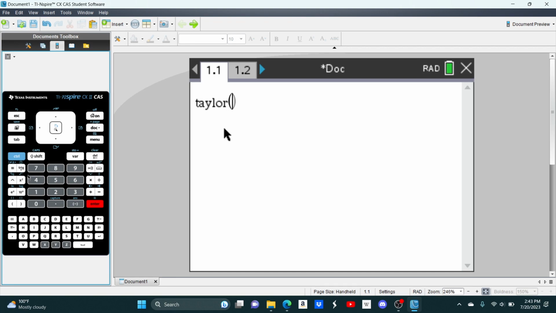Let's say I want to find the third degree Taylor polynomial of sine of x. So I would type sine of x here, do comma x, and then if I do comma 3, that will tell me the third degree polynomial. Notice third degree does not mean that there's 3 terms. Third degree means that my highest exponent is going to be 3.